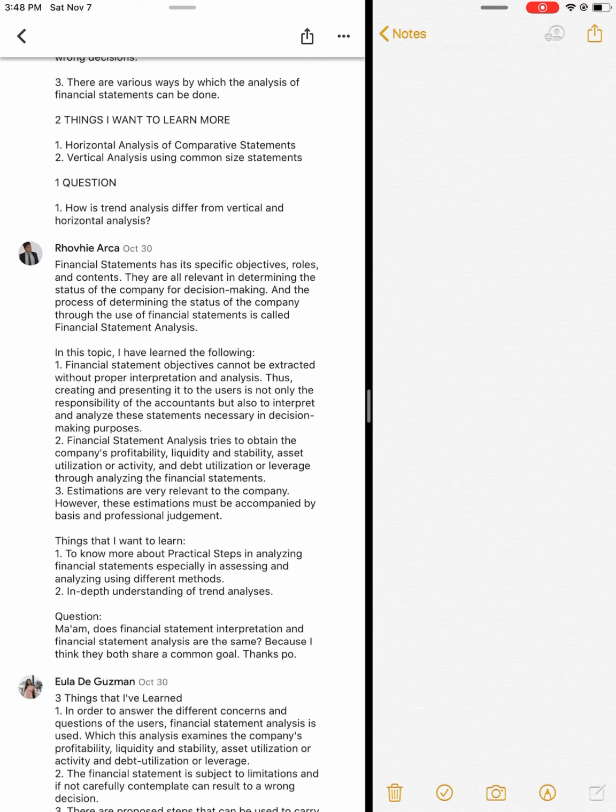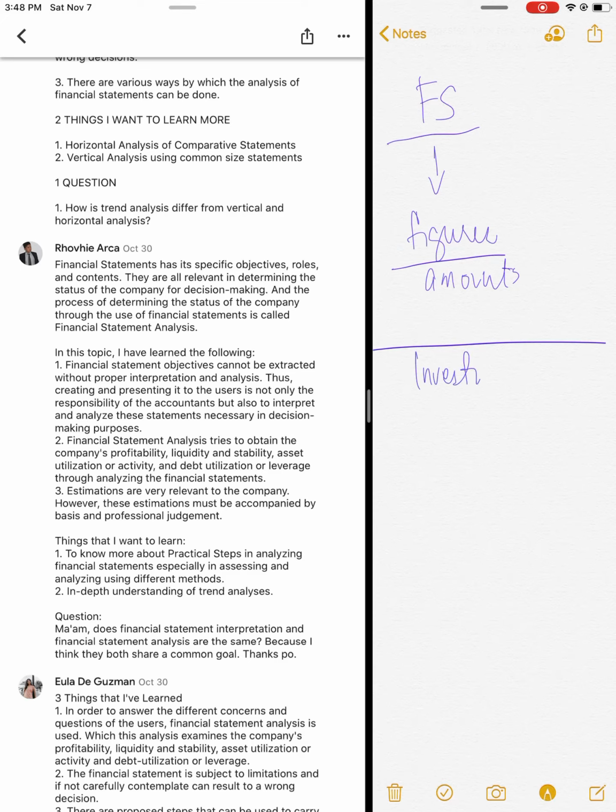Bakit kailangan pa ng financial statement analysis? Because if we look at the financial statements, they are purely figures. They are purely amounts. Okay? So, let us say you are an investor. And as an investor, what's your main concern?